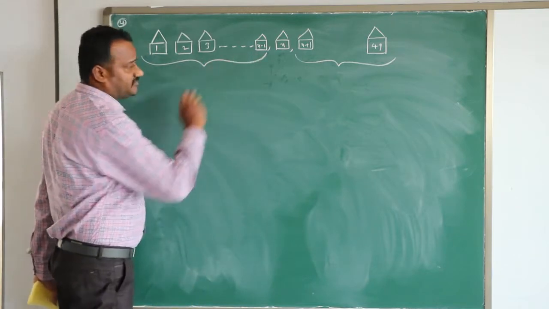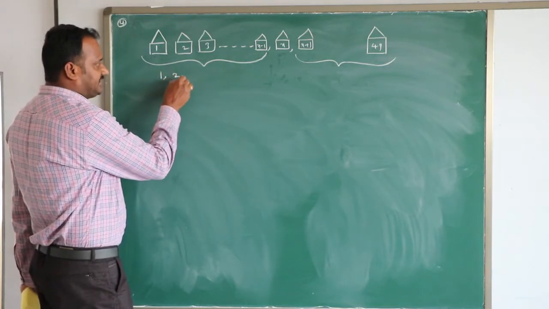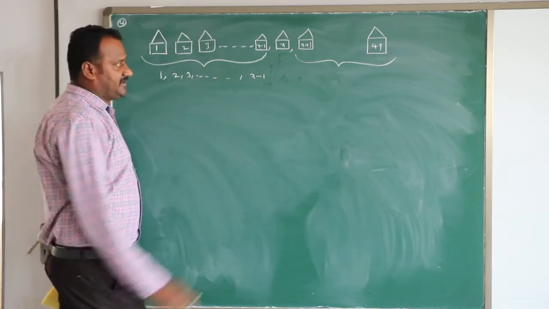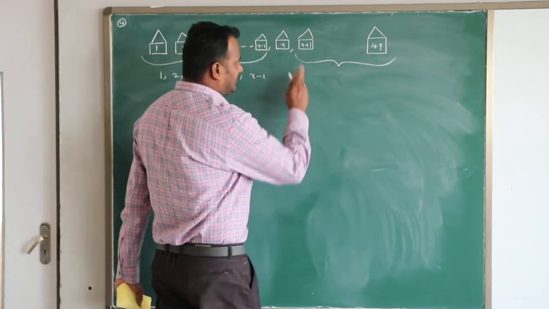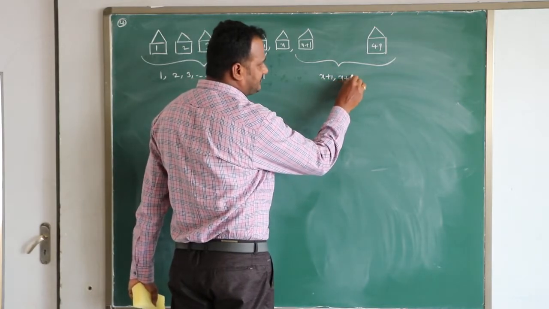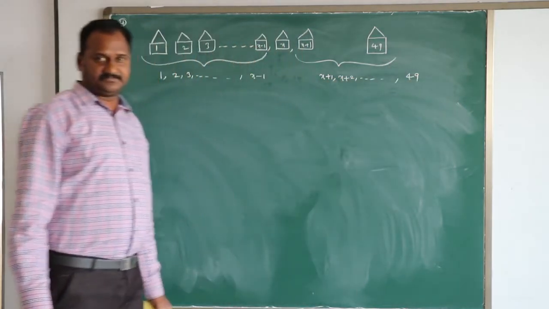Here in this sequence, we have the terms. Those terms are first term 1, second term 2, third term 3 and so on up to x minus 1. And the terms in the second arithmetic progression are first number x plus 1, second number x plus 2 and so on. What is the last number? 49. Right?